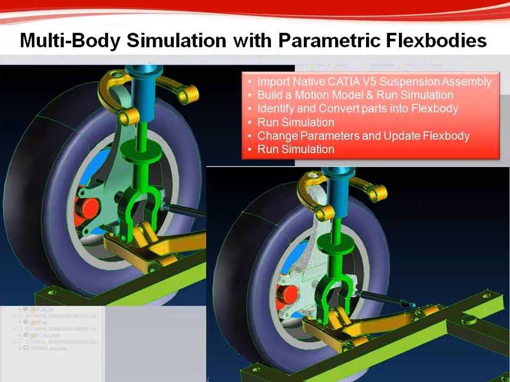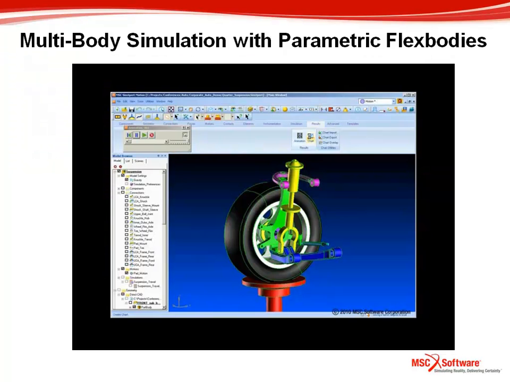But when I ran the simulation, it wasn't up to the standards I needed, so I changed the parameters for the flex body or the knuckle and updated the flex body and reran the simulation. So again, this is captured in the video here.